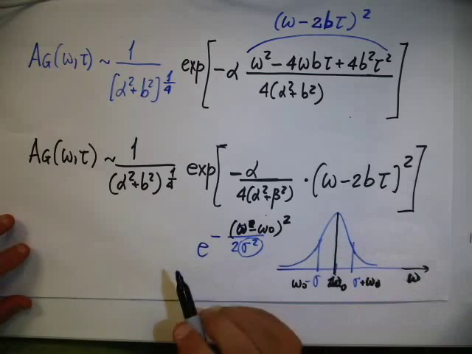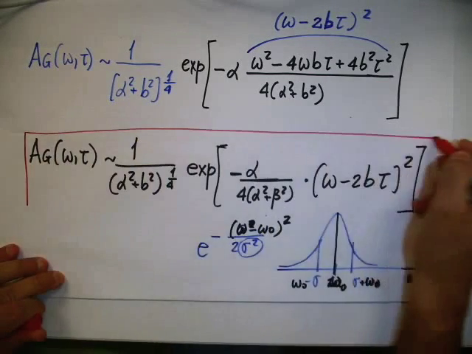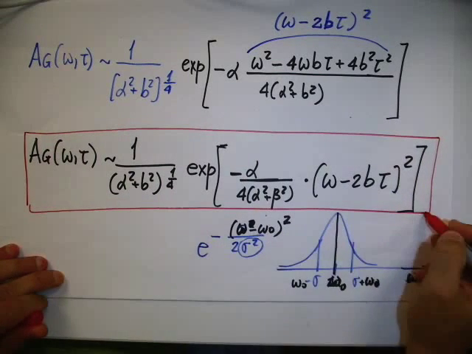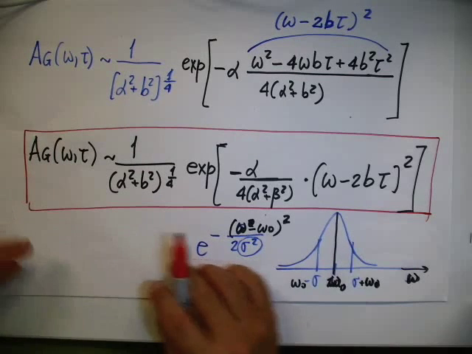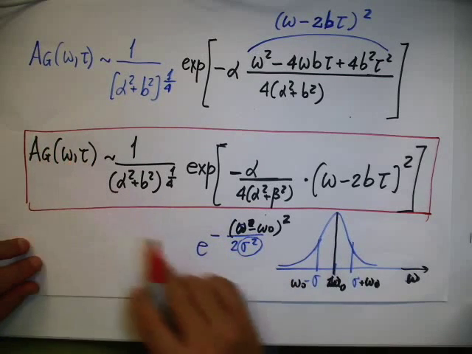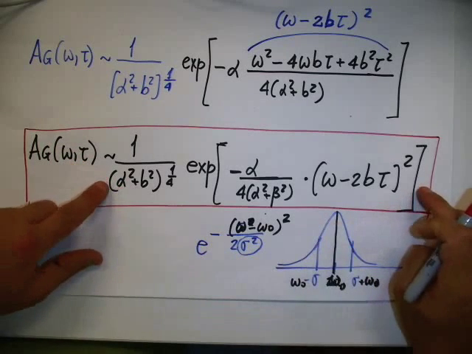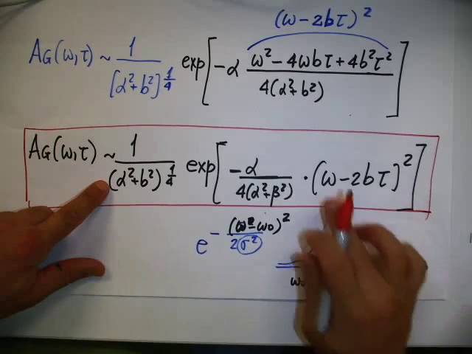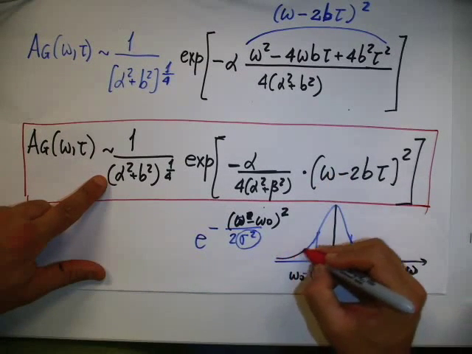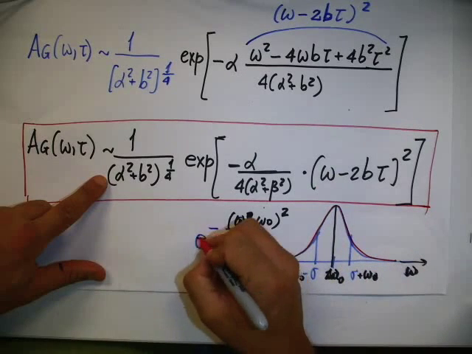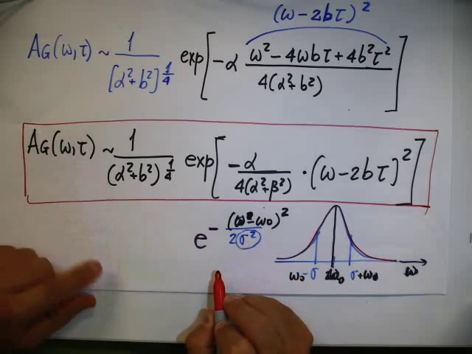Okay, so we derived this nice expression of the amplitude of the Gabor transform of a chirp signal. And now we would like to see how it looks in the omega tau domain. It's easy to recognize that for a given tau, this expression is basically a Gaussian exponential in omega, and it's going to look like something like this: e to the minus omega naught squared divided by 2 sigma squared.